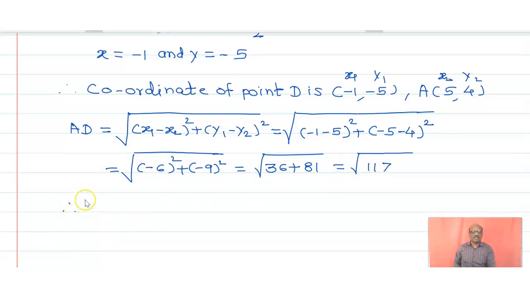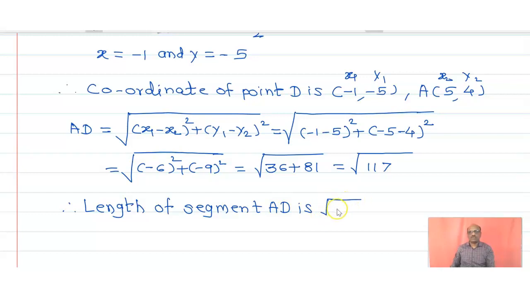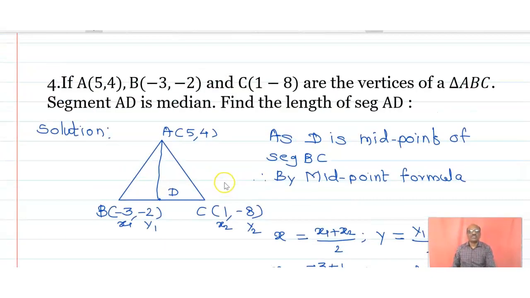Therefore length of segment AD is root of 117. Okay, you can check it again.